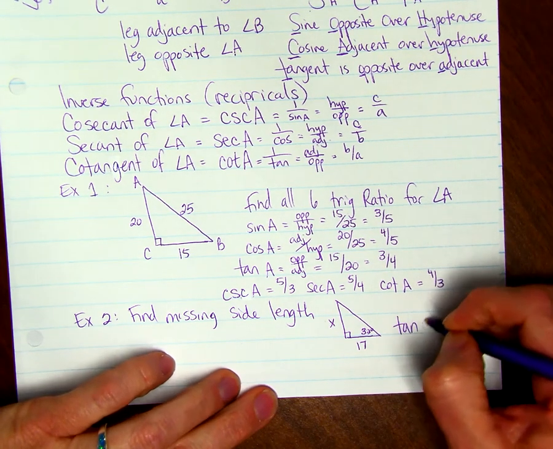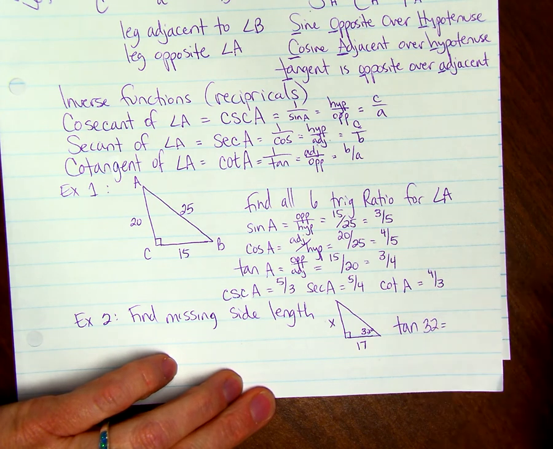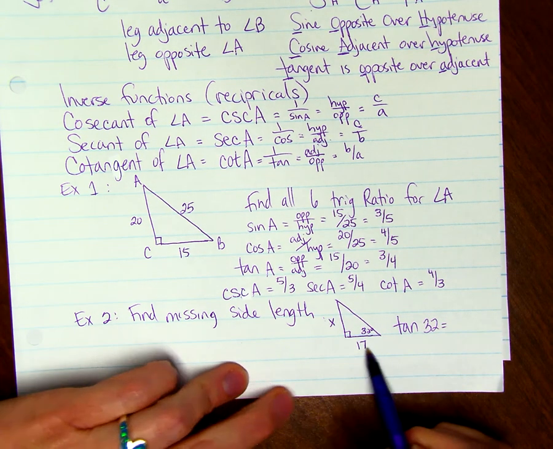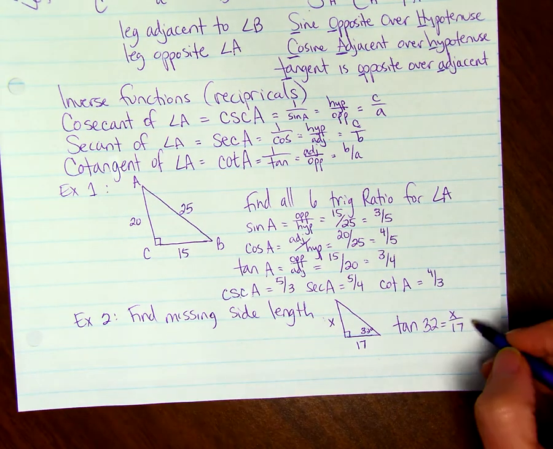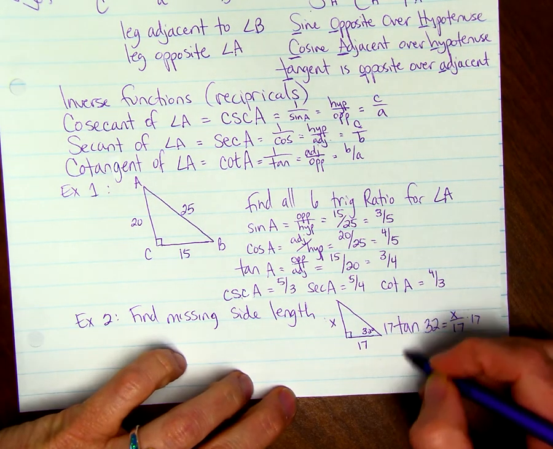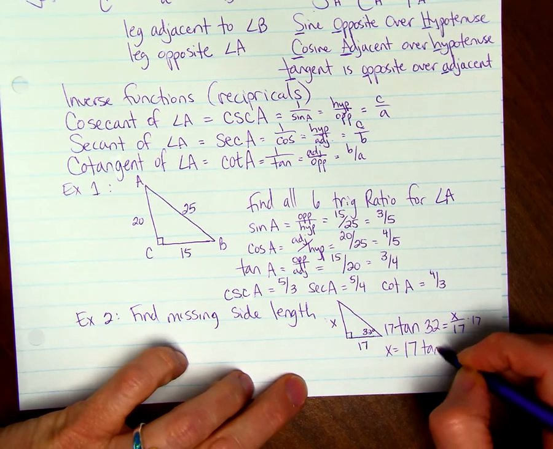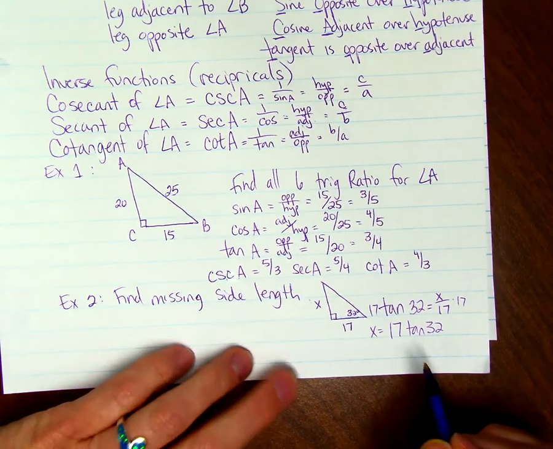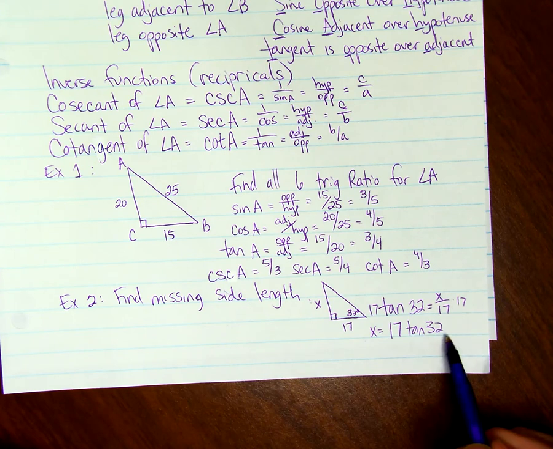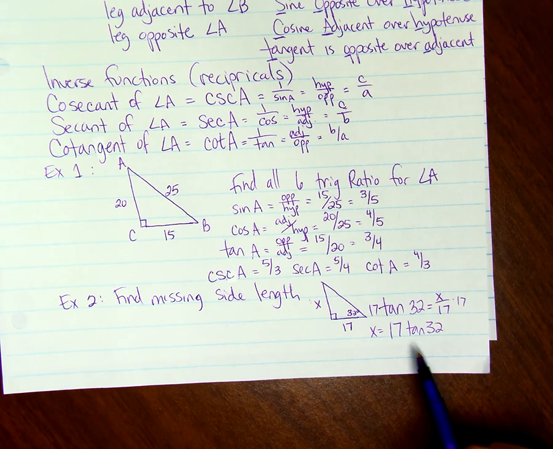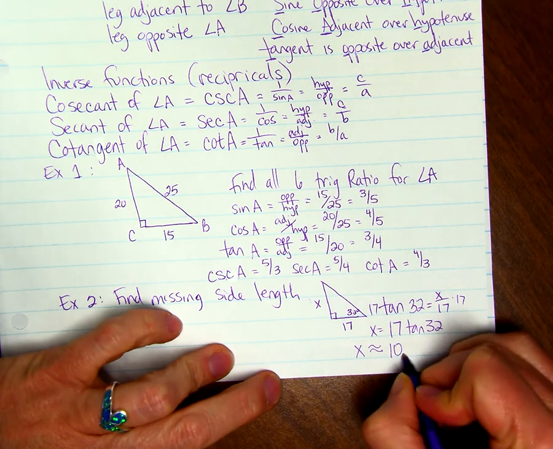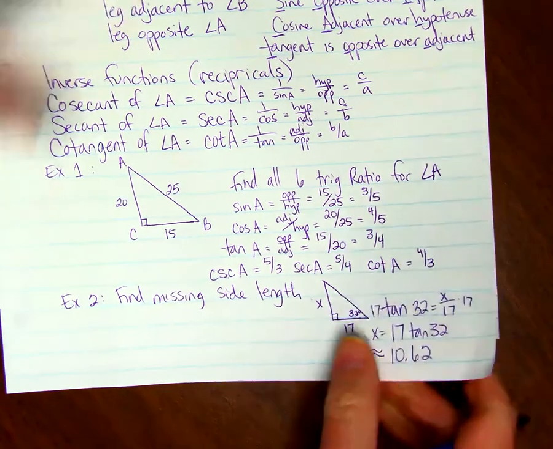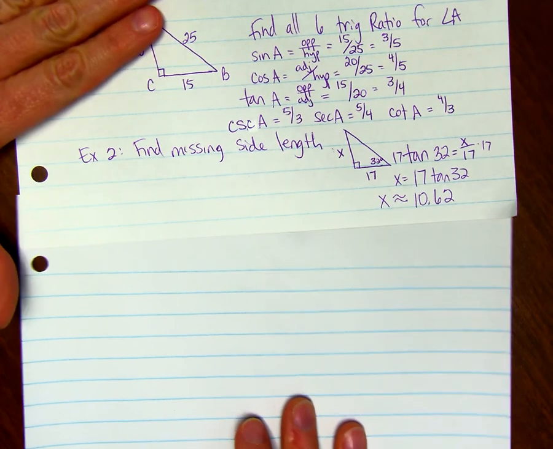We say tangent of 32 equals, TOA, opposite over adjacent, x over 17. If I multiply both sides by 17, I get x equals 17 tangent 32. When you use your graphing calculator, make sure you're in degree mode. Then x is approximately 10.62. Just find the tangent of 32 and multiply that by 17.